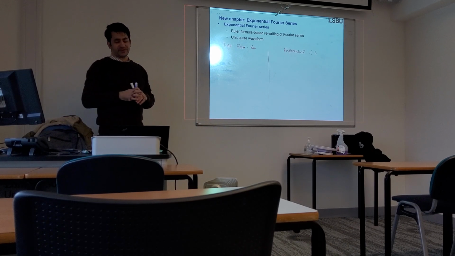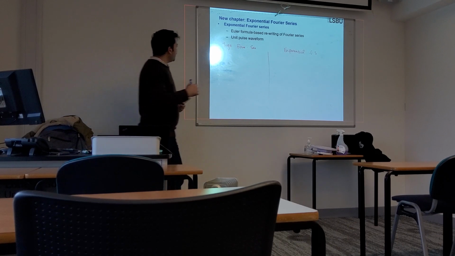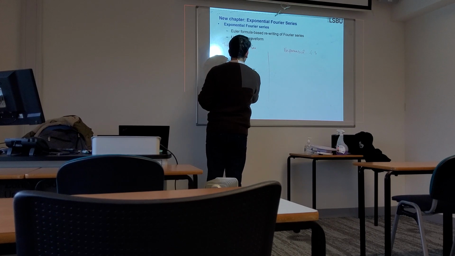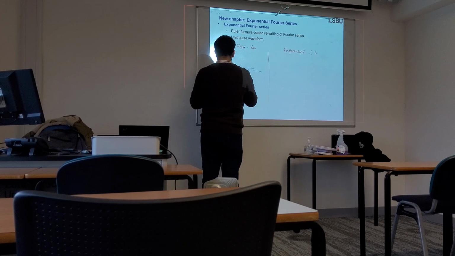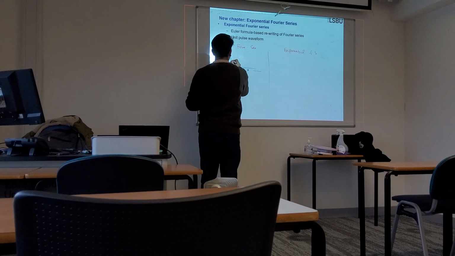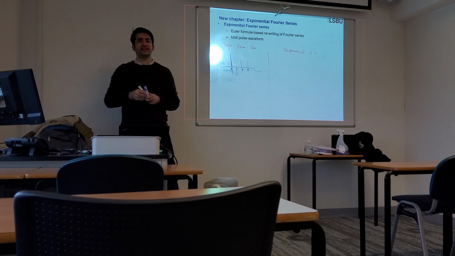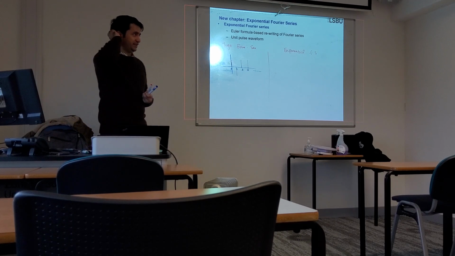The very first difference is, as we said, that if we draw a line spectrum for a trigonometric series, it will start from 0, 1, 2, 3, and so on. If they have any values, we're going to draw those values. So this is the line spectrum for a trigonometric series.